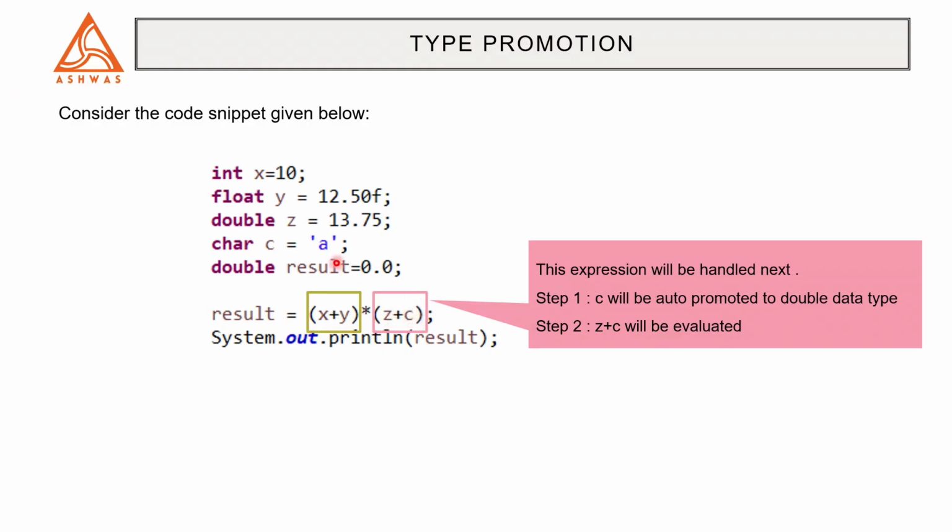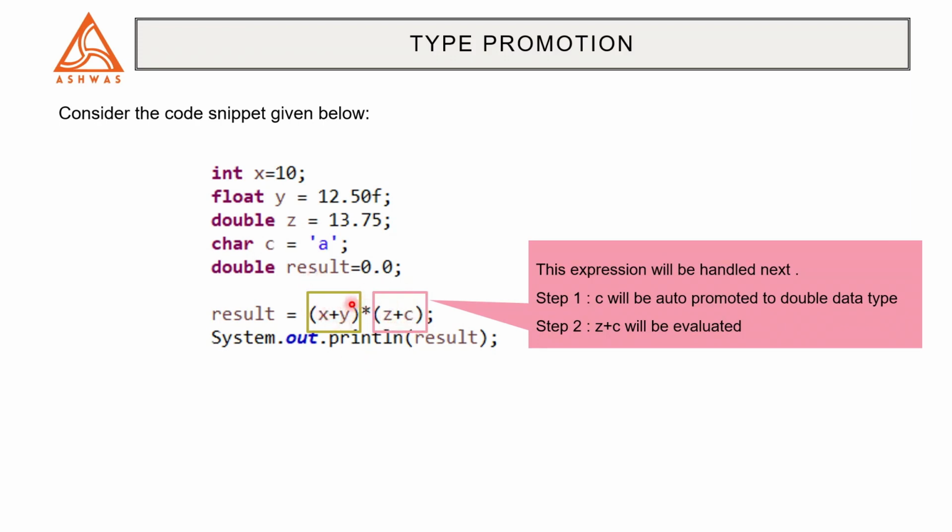Now, how will this be promoted? I said that char stores its values using Unicode format. So the ASCII code of 'a' will be assigned to c, and that is the numeric value which c will continue to have, and that will be added to z. So that is how this part of the expression will be performed.